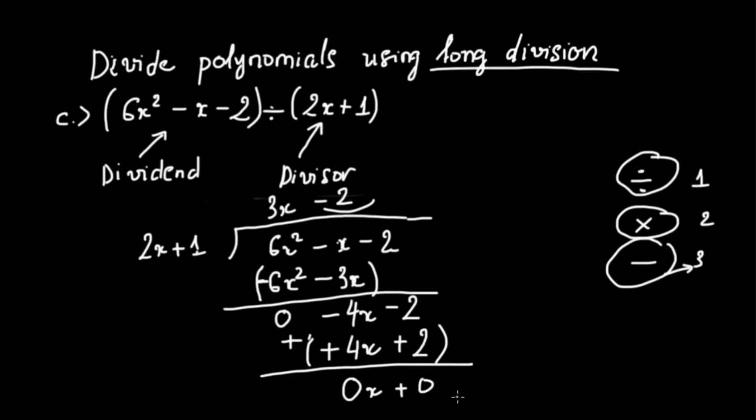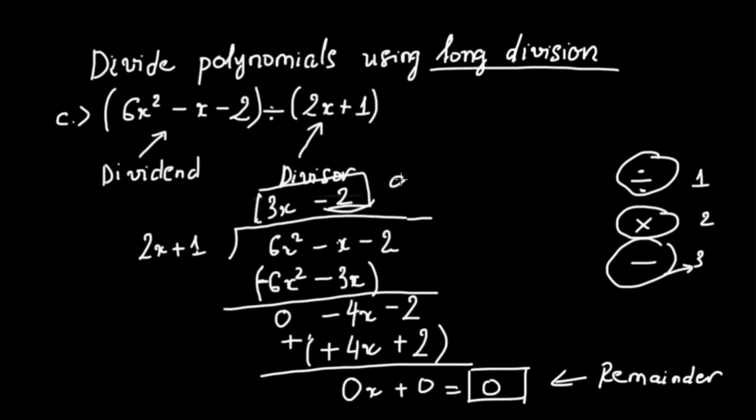So basically this is 0, and this is the remainder. And this is called the quotient. We rewrite the result for question C: 3x minus 2 is the quotient, because the remainder is 0. So the result is just the binomial 3x minus 2.